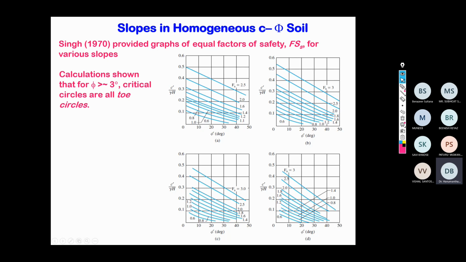Earlier it was stability number versus internal friction versus slope angle. But instead of the slope angle, he has replaced it with the factor of safety value. So Fs is 2.5, 2, and so on up to 1, different values.